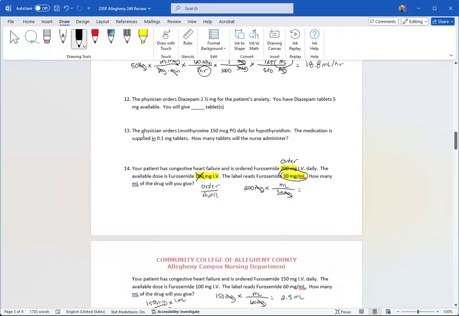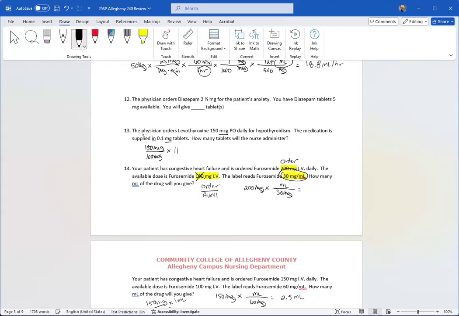Here's another one, very similar, where the challenge is the order is in micrograms, but the available is in milligrams. So I take my order in micrograms and convert the available into micrograms as well. That's what I want to do.